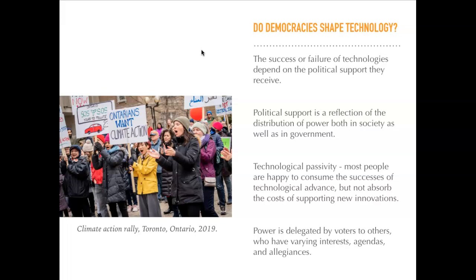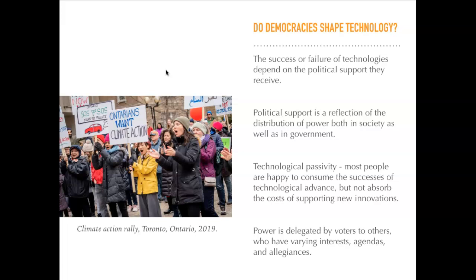The success or failure of technologies often depends on the political support they receive. We see this quite often where, actually we're keeping on the topic of environmental activism and carbon tax, we are seeing, and this image of course was in the before time of the virus, where we could be together without masks and protesting on behalf of the environment.